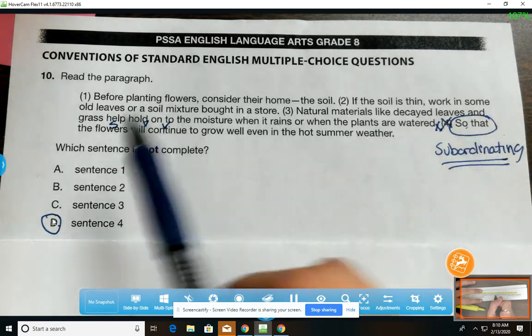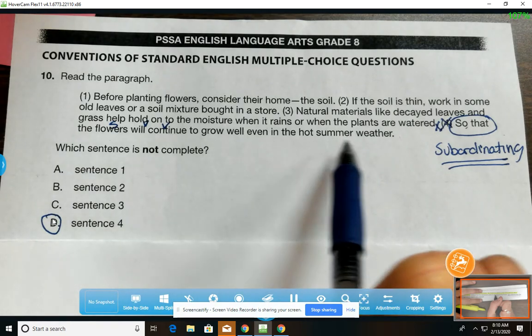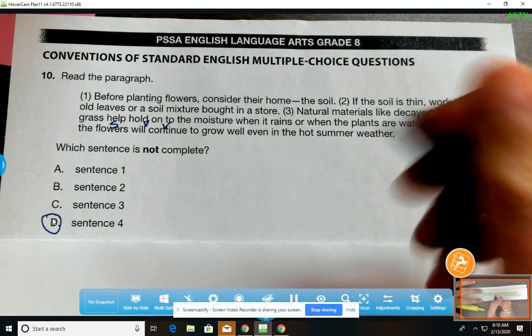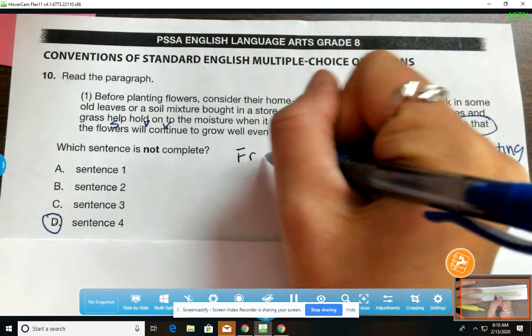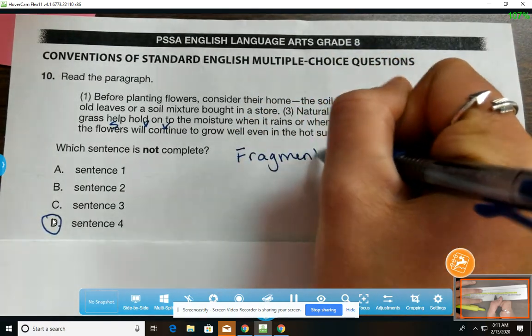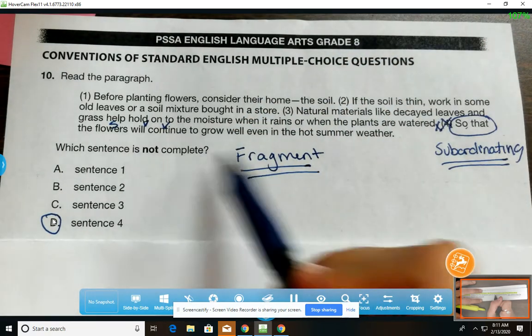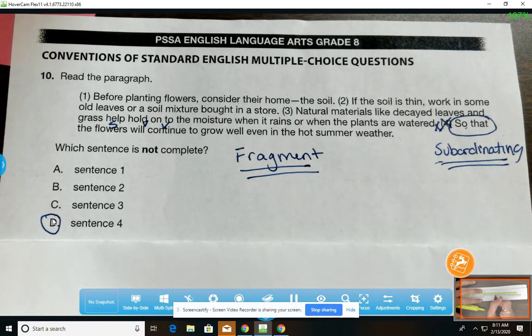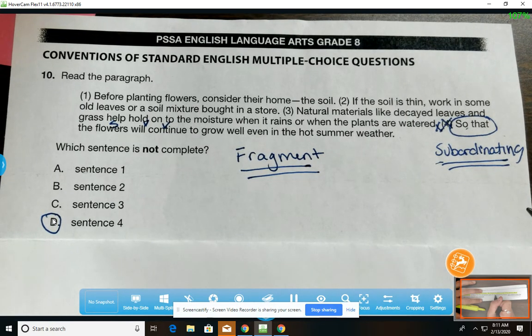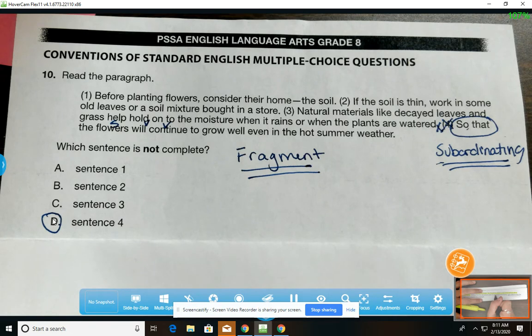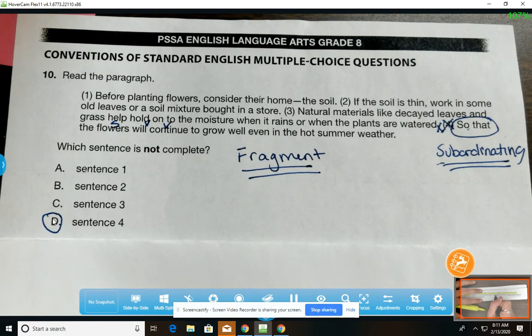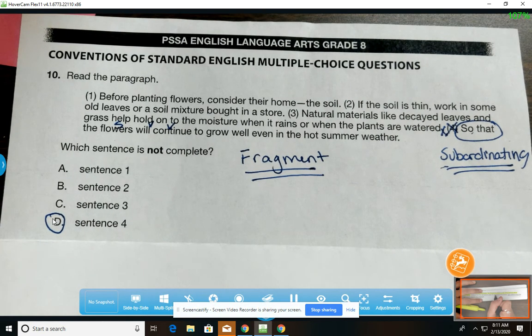So when we say "so that the flowers will continue to grow even in the hot summer weather," it's not a complete sentence. It's a sentence fragment, even though it has that subject and verb, because it's a subordinate clause. And subordinate clauses leave you hanging. So it is missing one of the three parts that are needed to have a complete sentence.